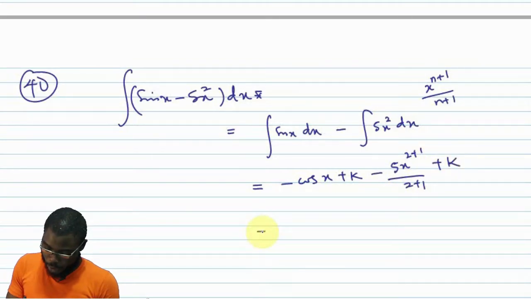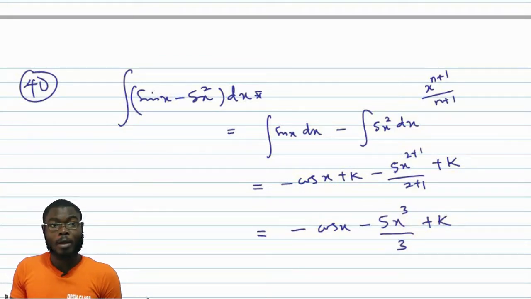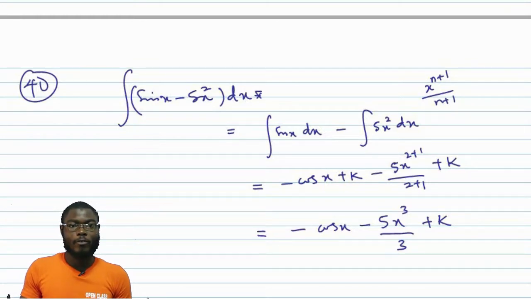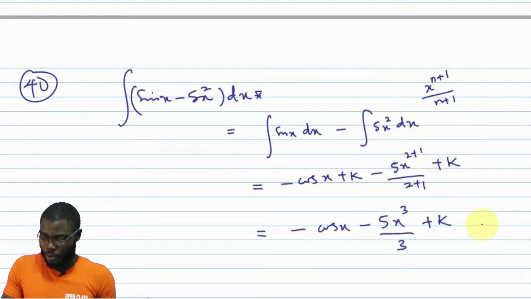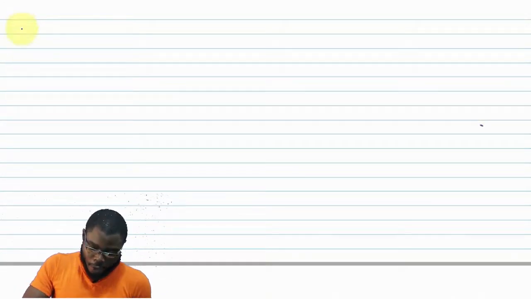So this is going to give us minus cos x minus 5x raised to the power 3, since 2 plus 1 is 3, all over 3, and constant plus constant is constant. So what you got is minus cos x minus 5x cubed over 3 plus k. So your answer is C.